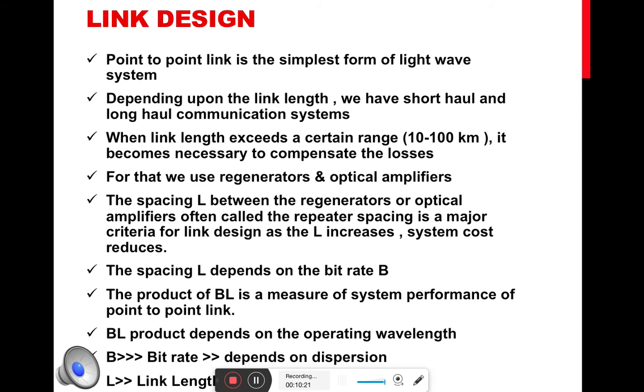Since the bit rate depends upon operating wavelength, the product of bit rate and length, BL, will depend upon operating wavelength. The bit rate has a dependence on dispersion, and length has a dependence on attenuation. The bit rate is a factor for causing dispersion in a point-to-point link. Similarly, link length is another factor that accounts for attenuation in the point-to-point link communication system.